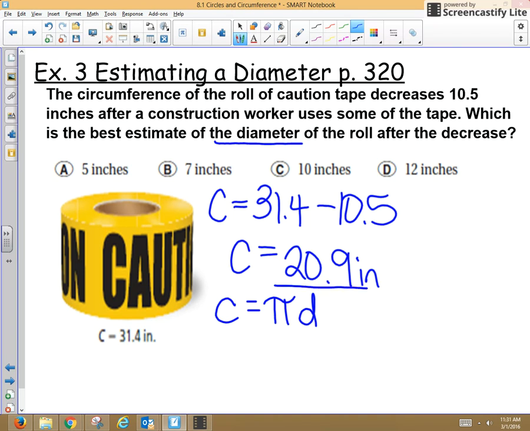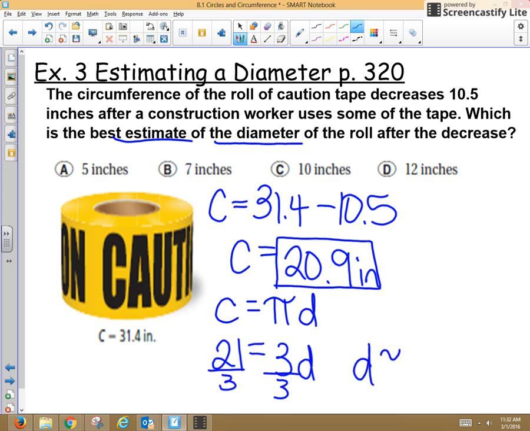We know the circumference here is 21, estimating, since that's what it says to do. So I'm going to put in 21 instead of 20.9, equal to, now 3.14 is approximately 3, times the diameter. When you divide by 3, you get the diameter is approximately 7 inches. So the best answer would be B.